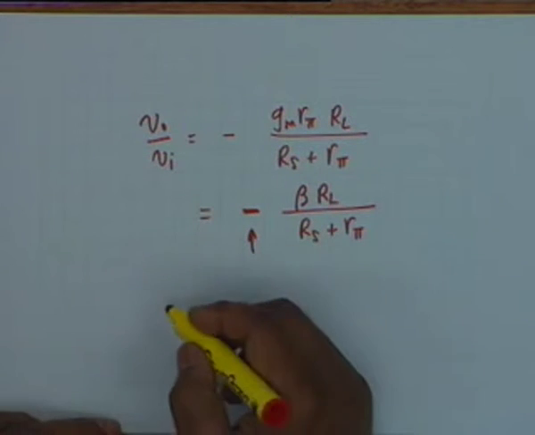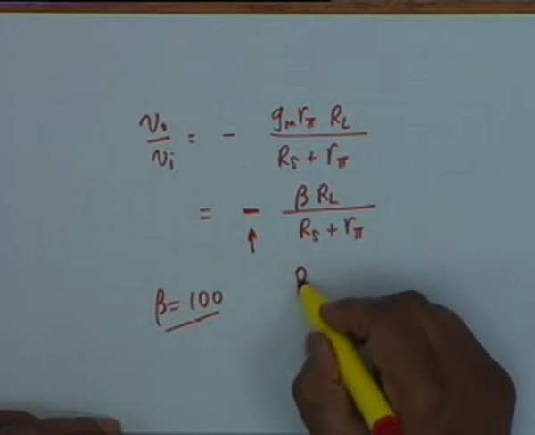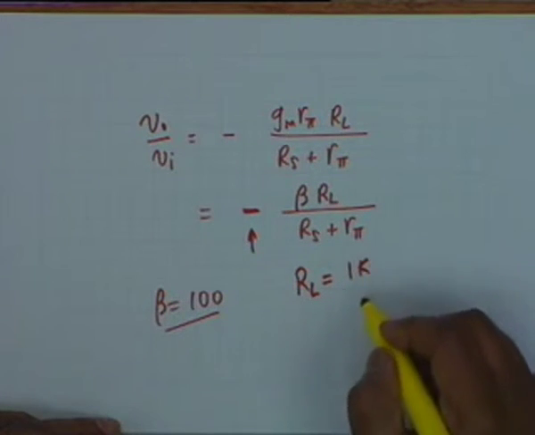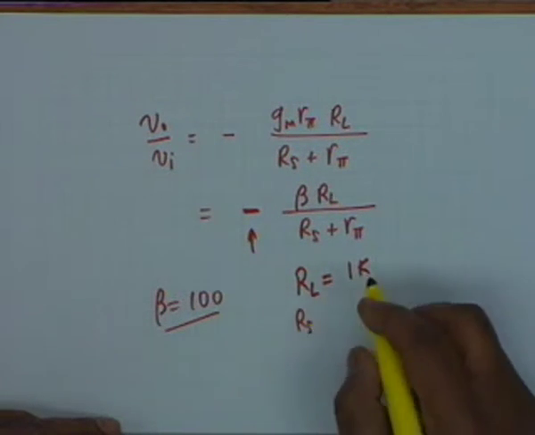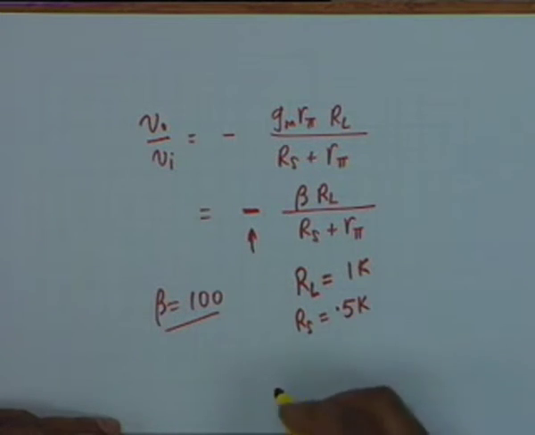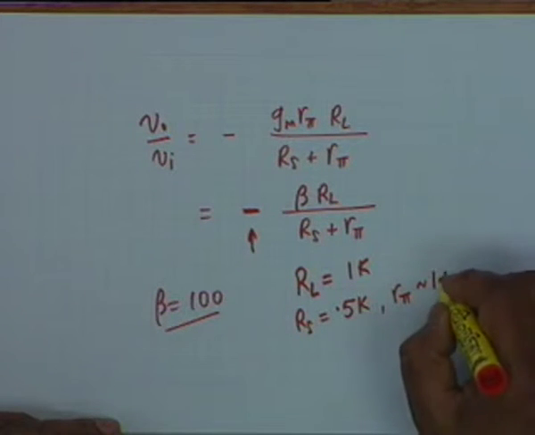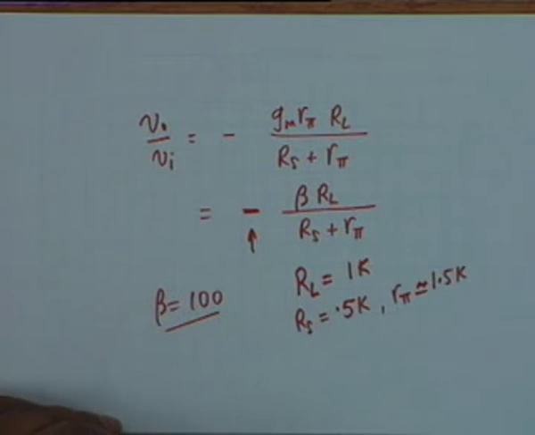Typically, for example, you may have a beta equal to 100, RL can be, let us say, 1K, Rs we would like it to be as small as possible, let us say this is 0.5 K, and R pi may be of the order of, let us say, 1.5 K. Alright.